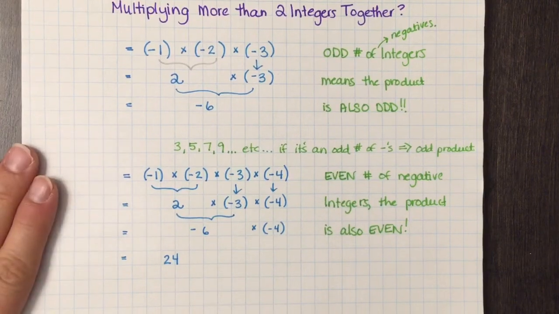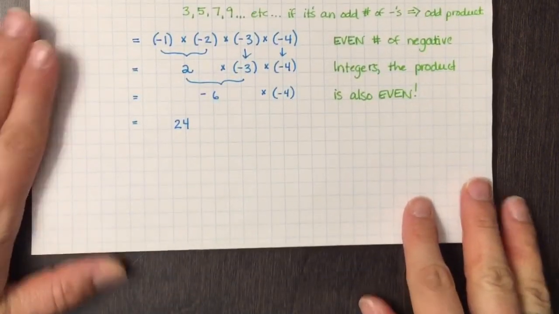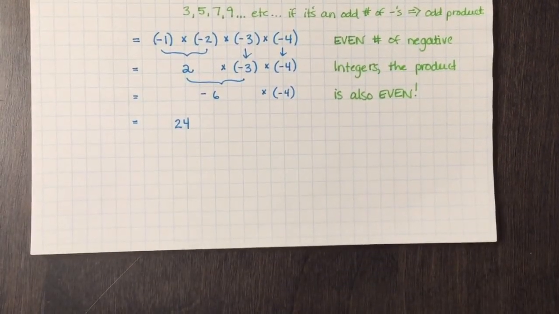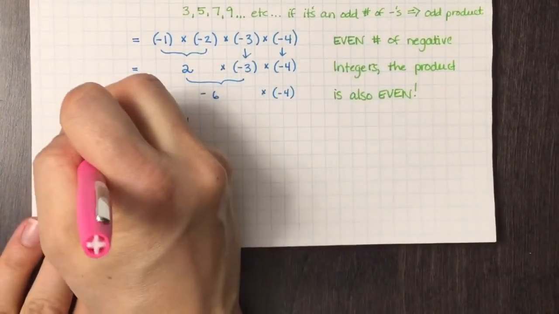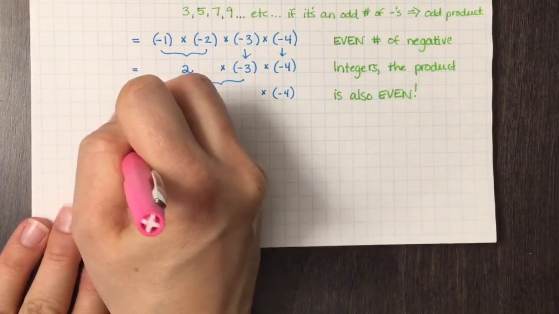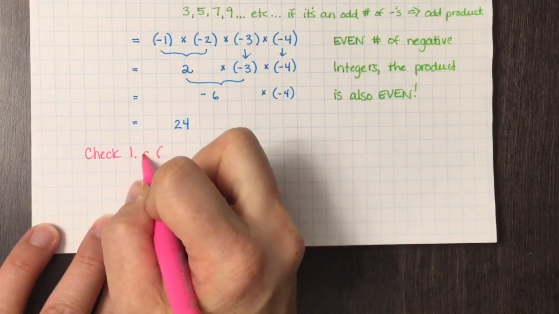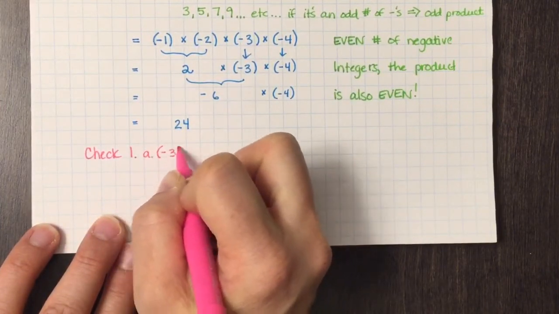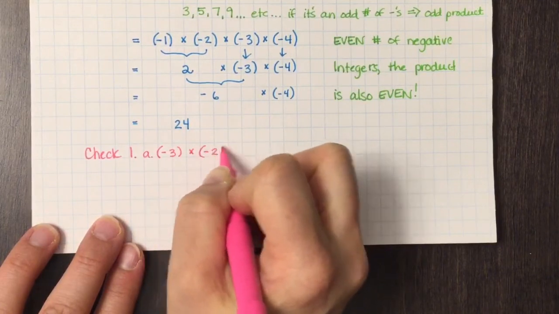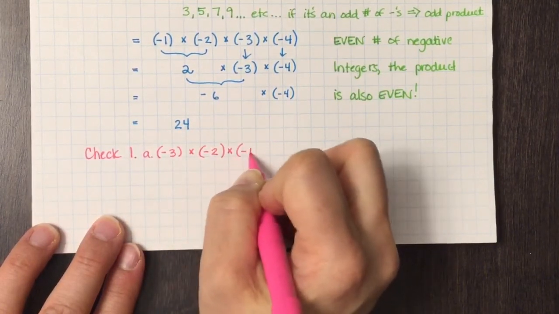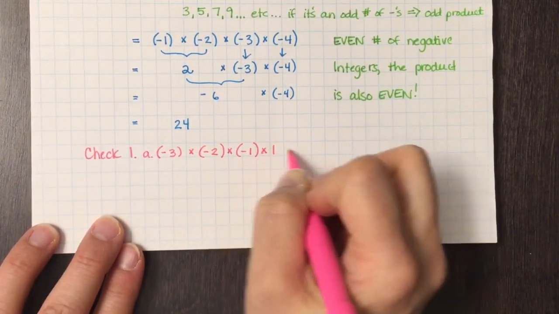Do I have space here? Yeah, I think I do. So where it says check number 1, I'm going to go to check number 1. It says A is -3 times -2 times -1 times 1.